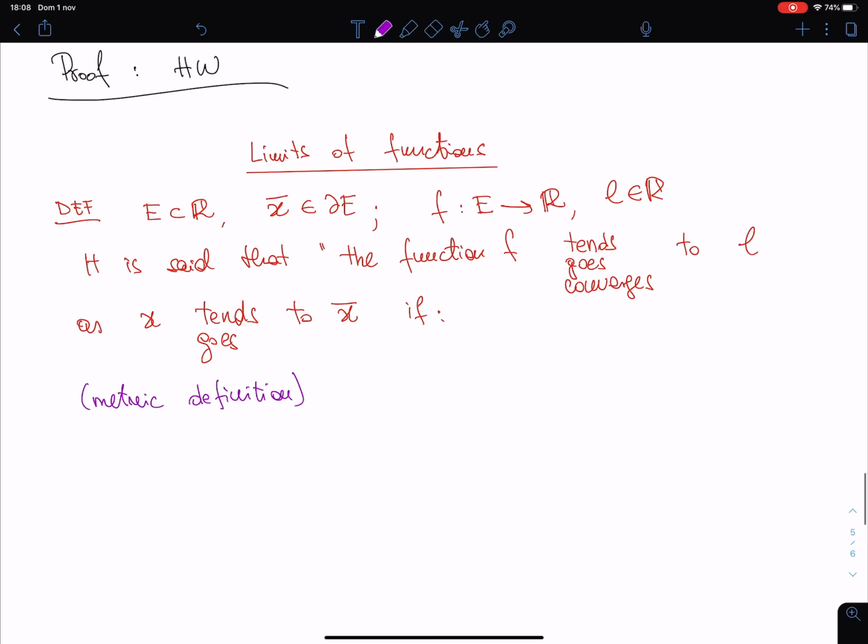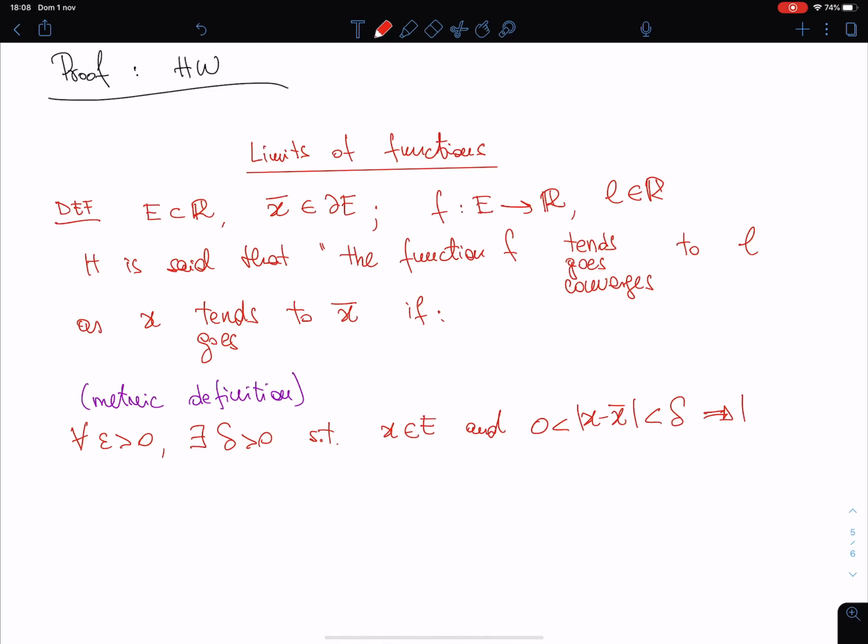If for every epsilon, as you suspect, larger than 0, there is delta larger than 0, such that if x is in E and x is distant from x bar less than delta and it is not x bar, then the distance between f of x and L is less than epsilon. Okay, this is the easiest definition you can find.